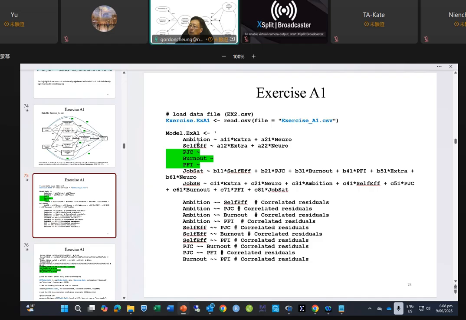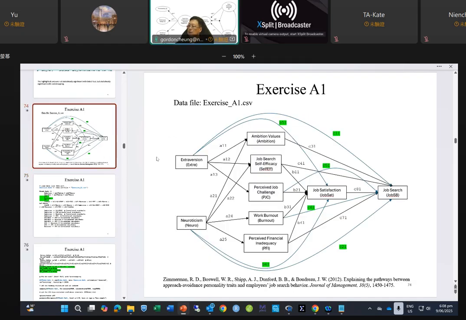So you can see ambition is regression, A11 times extra plus A21 times neural. Self-efficacy, this is A12 times extra plus A22 times neural. This is the reason why labeling all the paths is very important. It doesn't matter what labels you give them, you just need to create your own system.